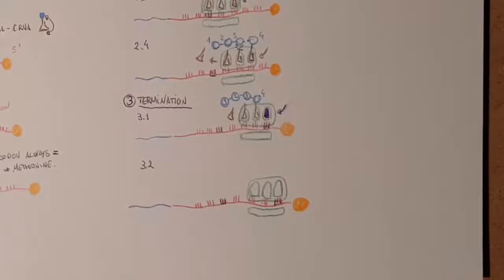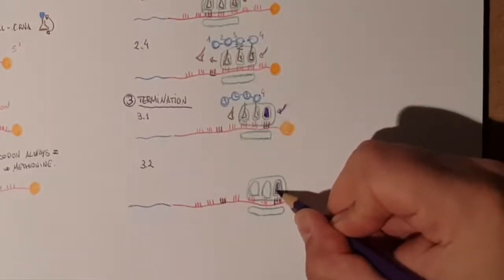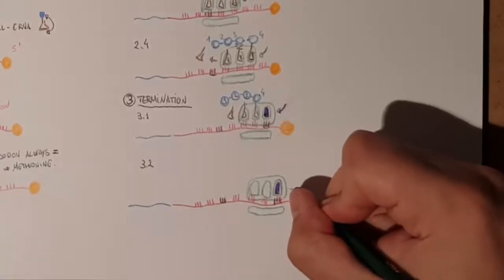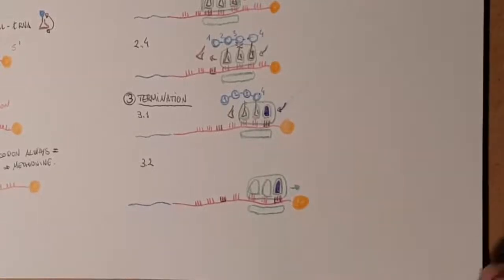Now, remember that we have in place here the termination factor. So when the ribosome tries to move, it's not going to be able to move, because there's the termination factor in place.